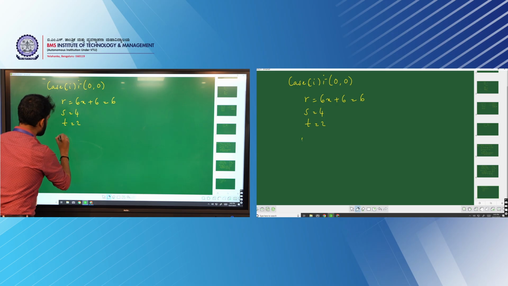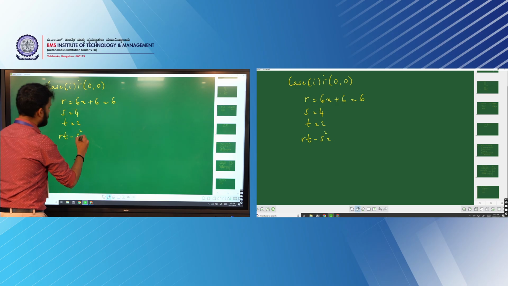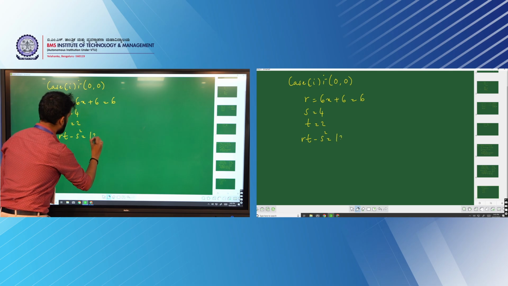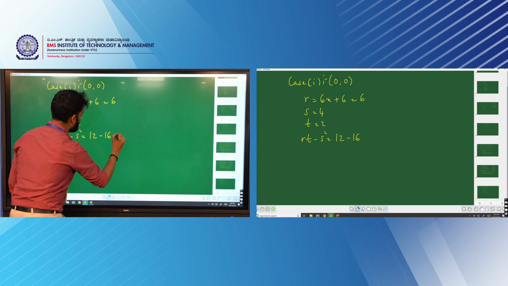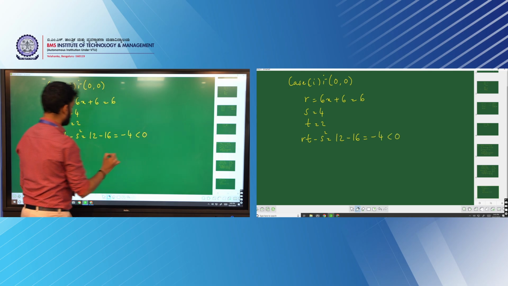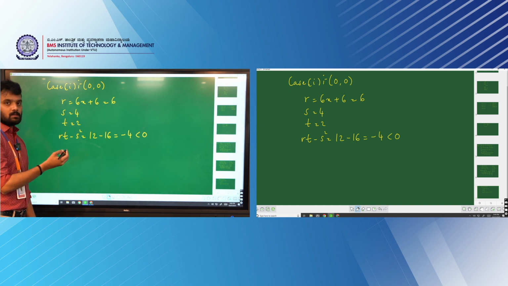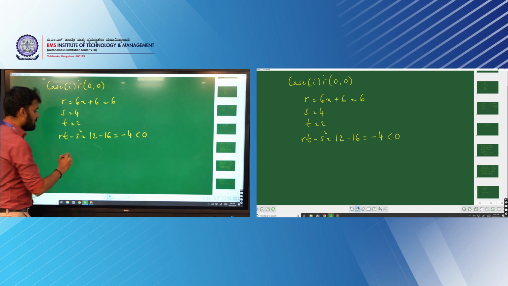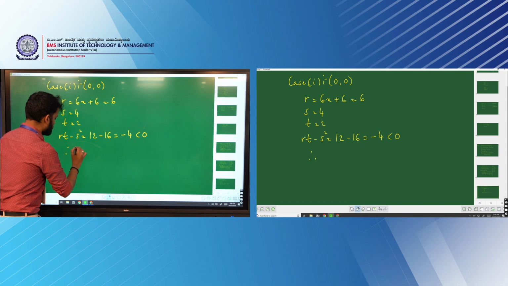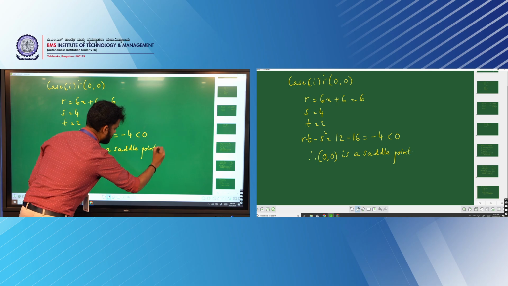So rt minus s square: r into t is 12, minus s square is 16, which is going to give us minus 4, which is less than 0. So we know that when rt minus s square is less than 0, the given point is a point of neither maximum nor minimum. So therefore, 0, 0 is a saddle point. It's a point of neither maximum nor minimum.